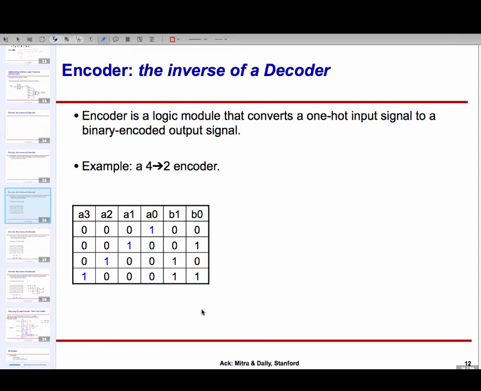Sometimes these encoders do something special if all inputs are 0, and sometimes you will see those kinds of encoders. But conceptually, since the input is one hot coded, the remaining 12 rows should never occur, and therefore they truly are don't cares.